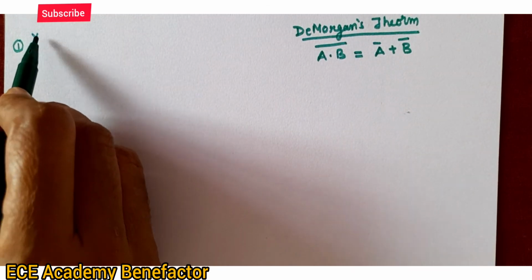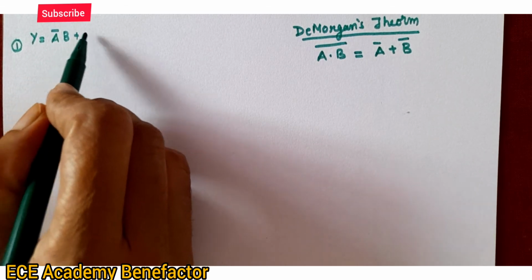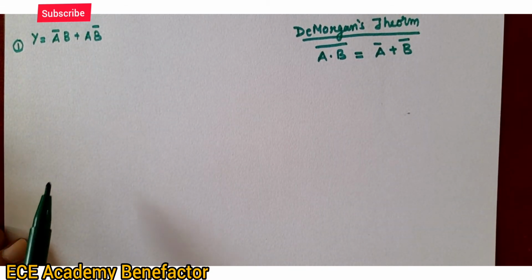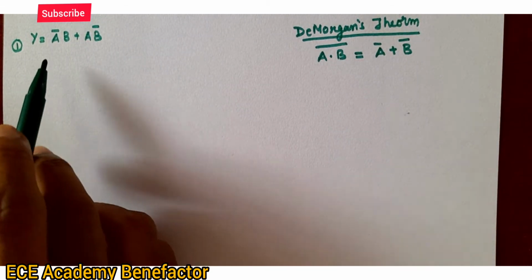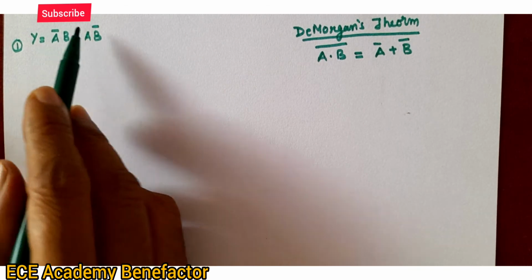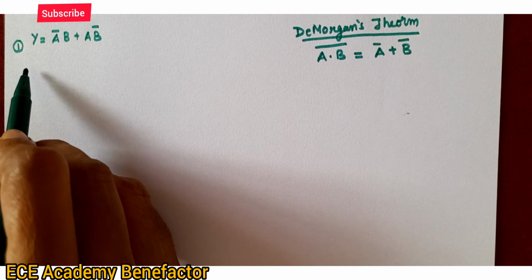the expression of XOR gate is A bar B plus AB bar. Okay. So, let us draw this one using AND, OR as well as NOT gates. So, we are having two input lines.